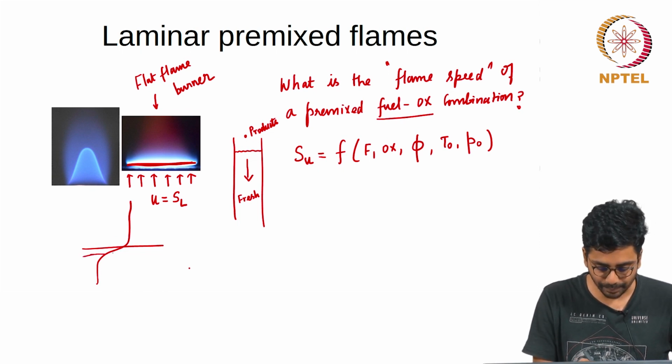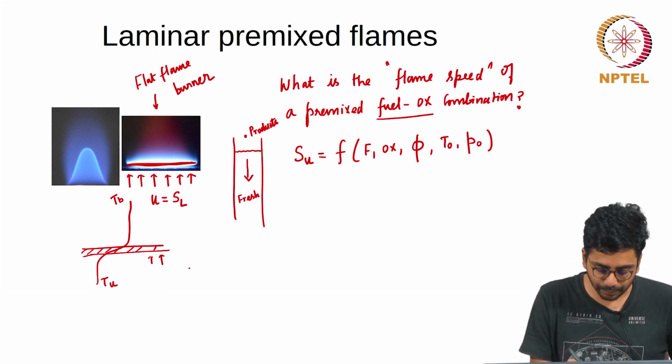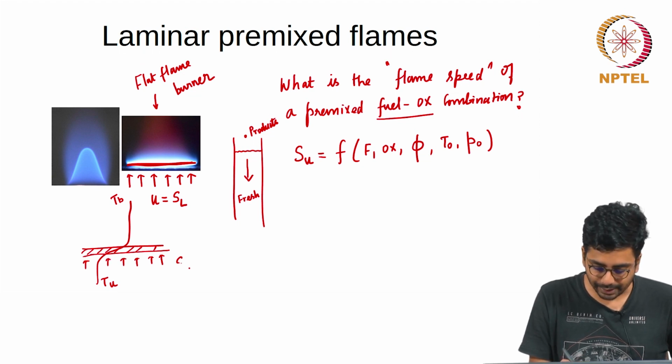So this is the flame, this is T unburnt, this is T burnt, okay. The unburnt mixture is moving towards a stationary flame at a velocity that is exactly equal to the flame speed. This U is exactly equal to SU.